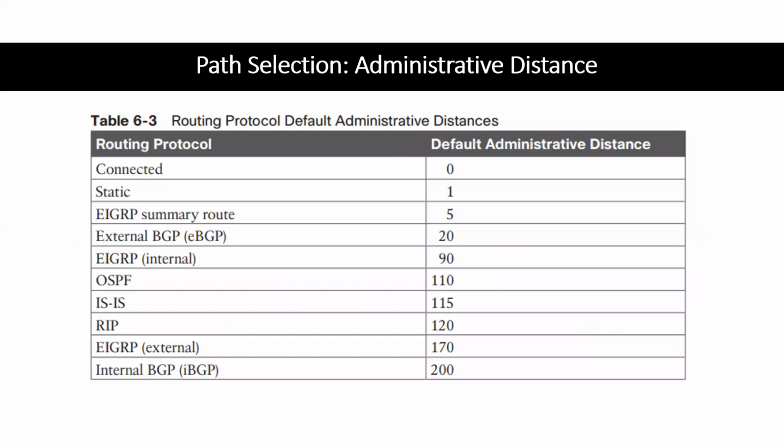If our AD is the same, maybe she has multiple ways to get to that network. They're all using EIGRP and they all have an AD of 90.